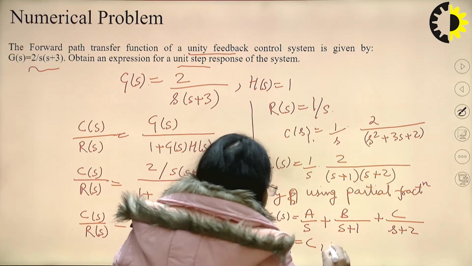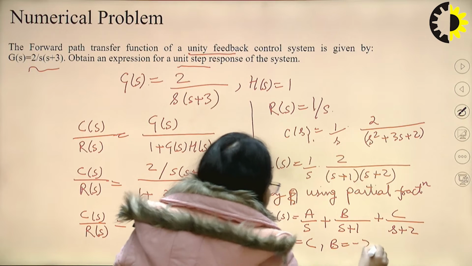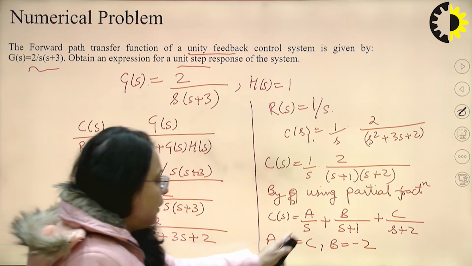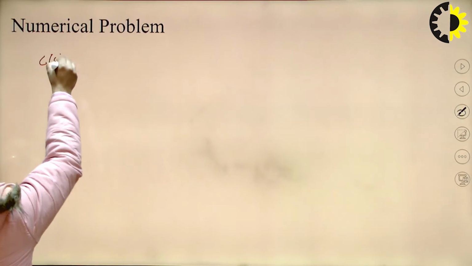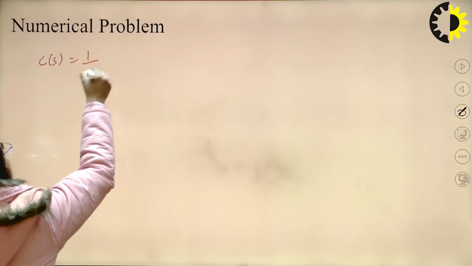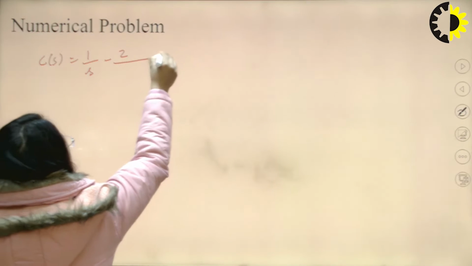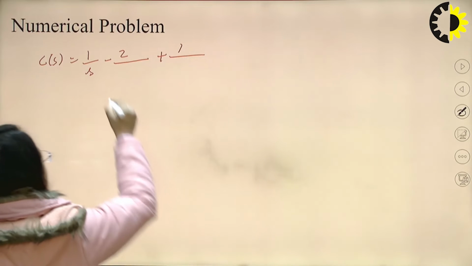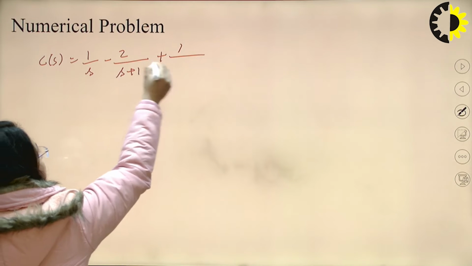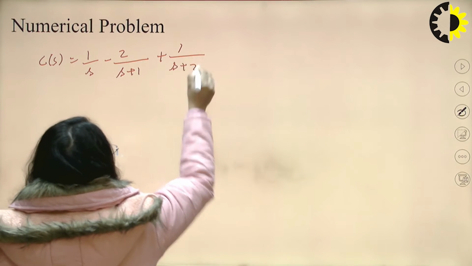For B, it will be minus 2. So we will put these values in the above equation. We get C(s) equals 1 upon s minus 2 upon (s plus 1) plus 1 upon (s plus 2).